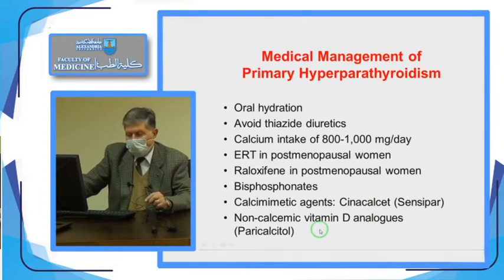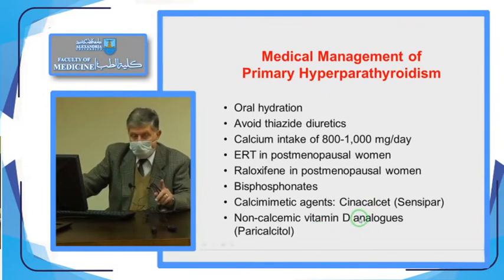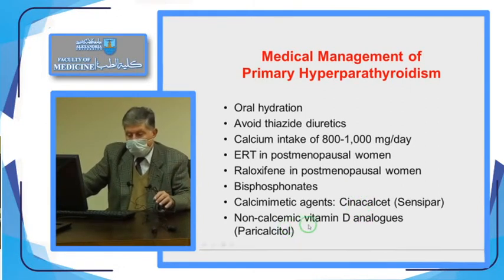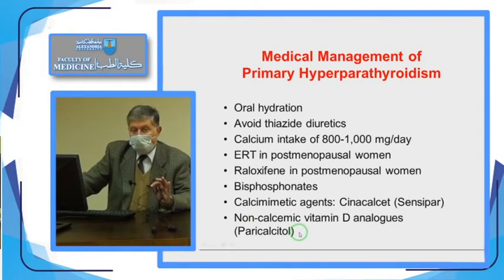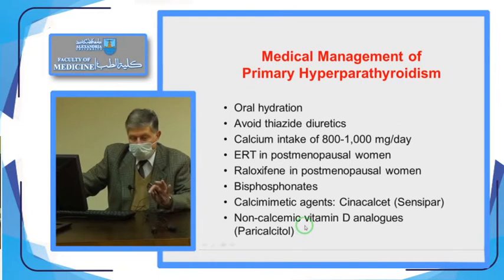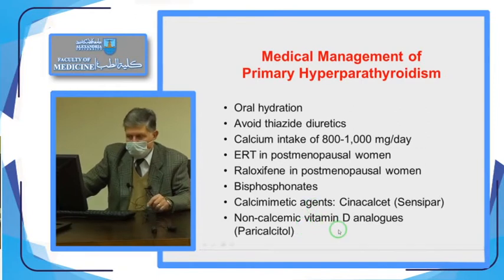Sometimes we give vitamin D analogs, not the original vitamin D, because if you give vitamin D, it will inhibit the PTH, but it will raise the calcium. But in this case, you give what we call non-calcemic vitamin D analogs, like paricalcitol, and this will have a negative feedback, as I told you earlier, on the PTH cells without raising the serum calcium.